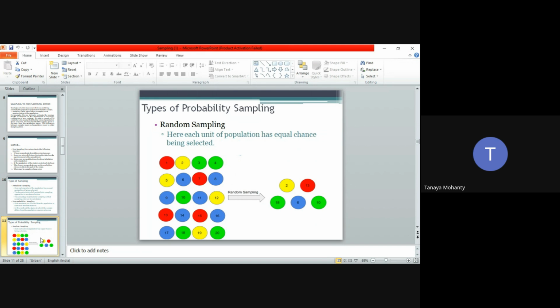It has an equal chance. Just think of a dice, a Ludo dice. Every unit from 1 to 6 has a known and equal chance of being selected. That is called probability sampling, and in probability sampling, the first form is random sampling.